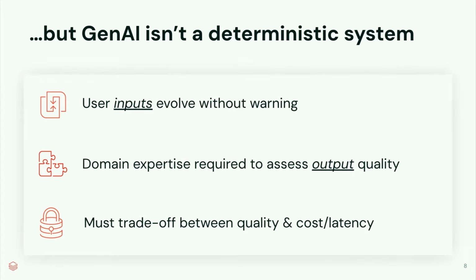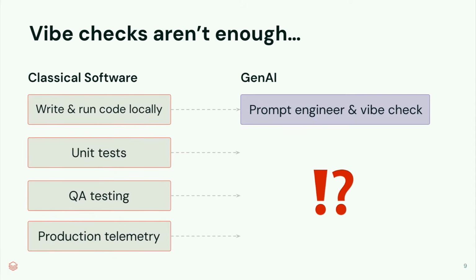There's also this element of being able to tune between quality and cost and latency, right? I could throw a really high-end Claude 4 Opus model at the problem, but that's really expensive. How do I manage that balance? And so what a lot of folks we see doing, unfortunately, is just doing vibe checks of their application.